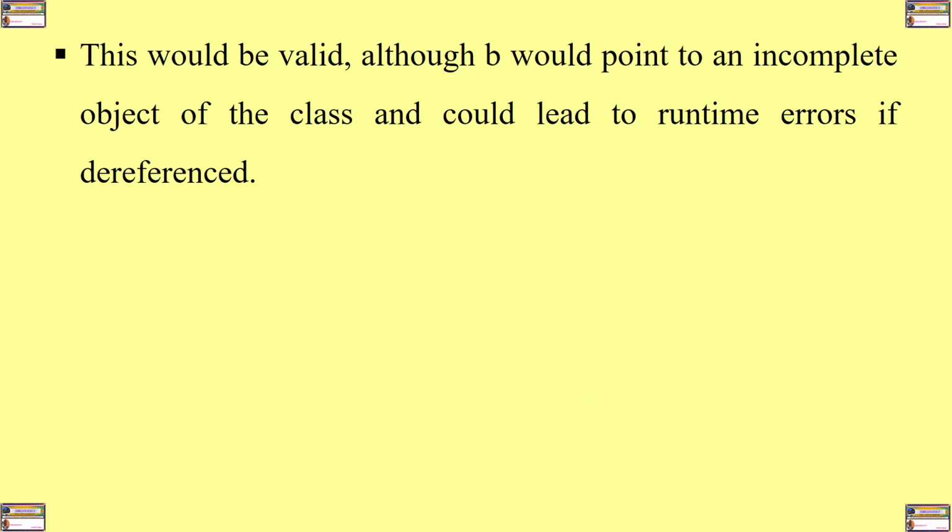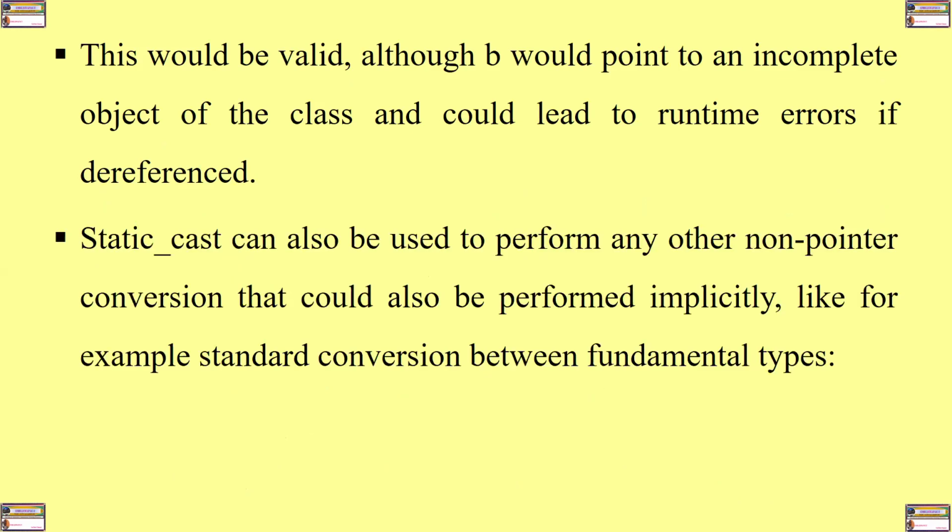This will be valid, although B would point to an incomplete object of the class and could lead to runtime errors if dereferenced. Static cast can also be used to perform any other non-pointer conversion that could also be performed implicitly, like, for example, standard conversion between fundamental types. For example, we can have the value 3.14159265 assigned to a variable called d, which is of type double.